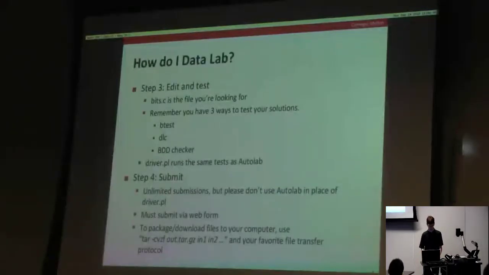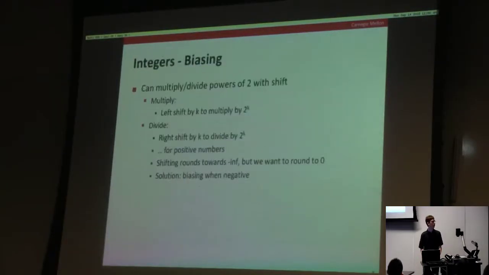Okay. So now we're going to do a little bit of a review from class. You've been talking about data representation. And two of the things you've talked about are integers and floating points, right? They've talked about how we represent integers and floating points on modern computers. So integers are simpler than floating points.